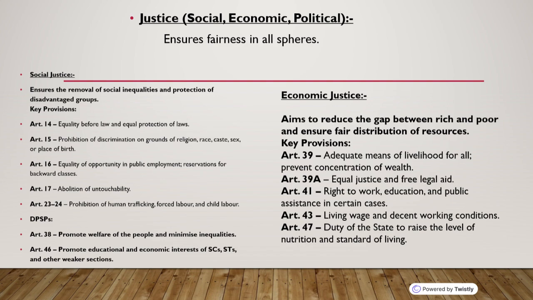The justice is going to be social reasons. The justice is like equality, prohibition of discrimination, equal opportunities, abolition of untouchability, prohibition of human trafficking, forced labor, promotion of welfare of the people, and minimize inequalities, promote educational and economic interests of the SCs, STs, and other weaker sections.